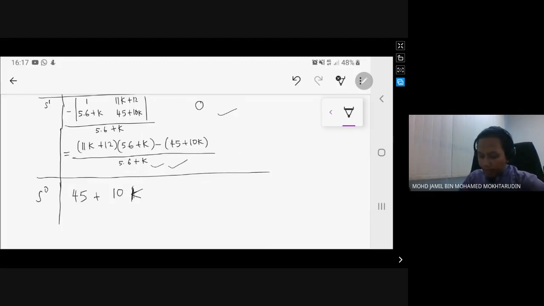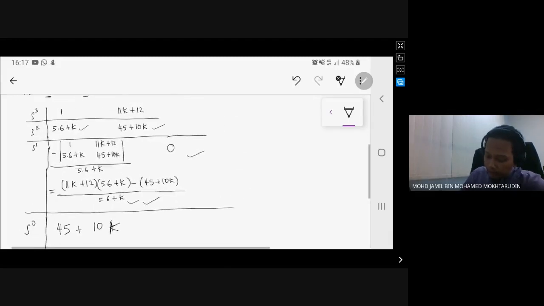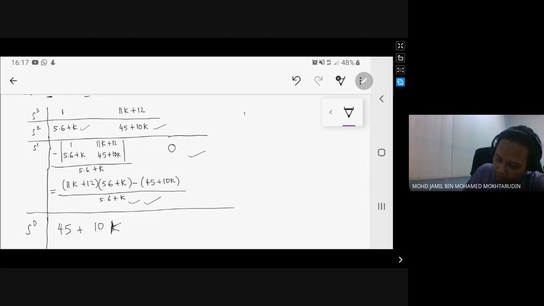And then after that you can look for the first column. For stability, look for sign changes in the first column.